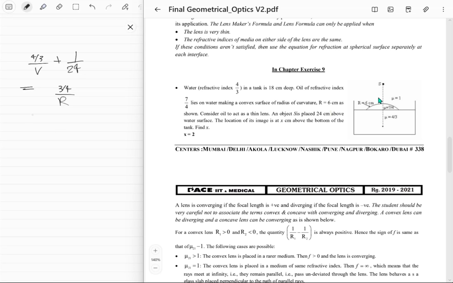So 1 upon v plus, just divide by 4/3, that's like multiplying by 3/4. So this will be 1 upon 8 times 4, so 1 upon 32 is equal to, divide by 4, 9 upon 16 r. Now r is 6 centimeters, so it's going to be 3 upon 32 over here.